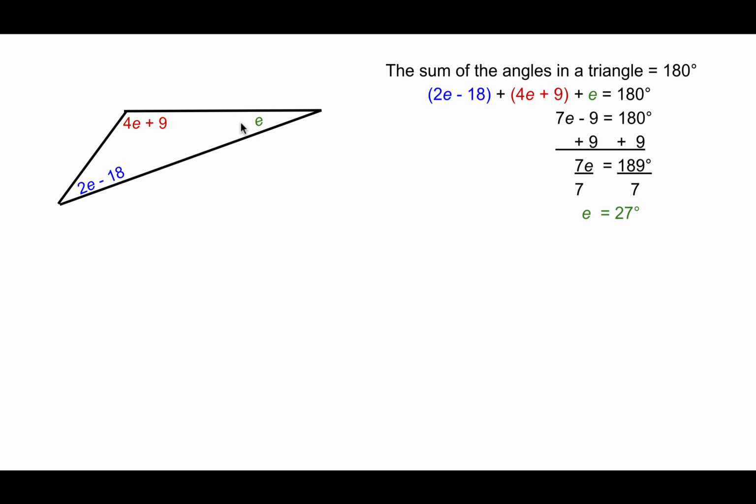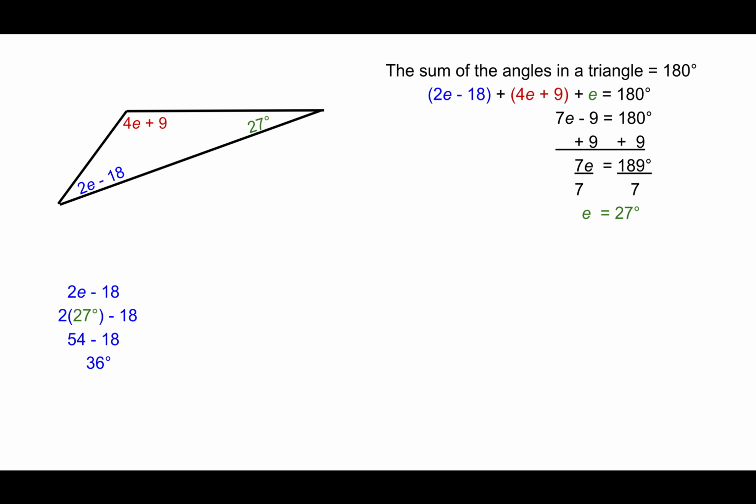So that means that the green angle E is 27 degrees. Now let's replace our other e's with 27 degrees. We'll start with the blue, 2e minus 18. Again, replace the e with 27 degrees, and the product of 2 and 27 is 54. The difference of 54 and 18 is 36.